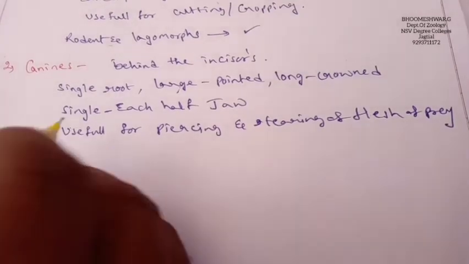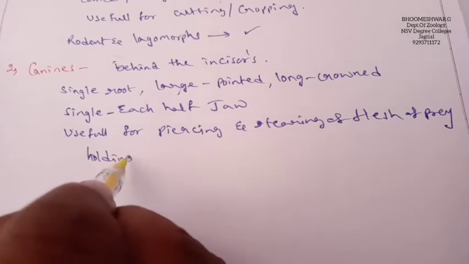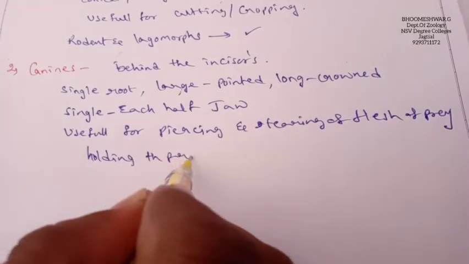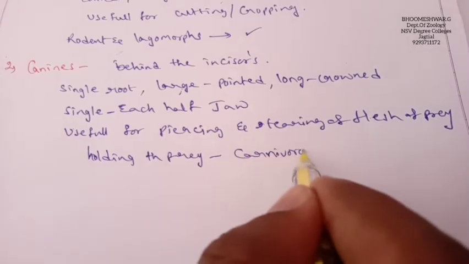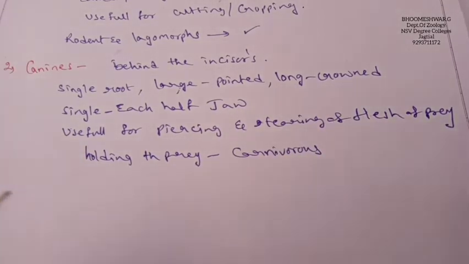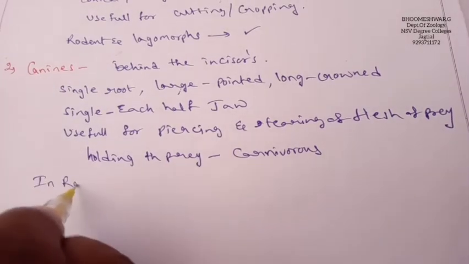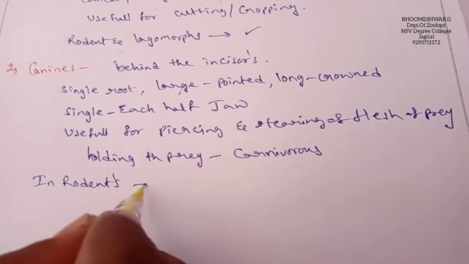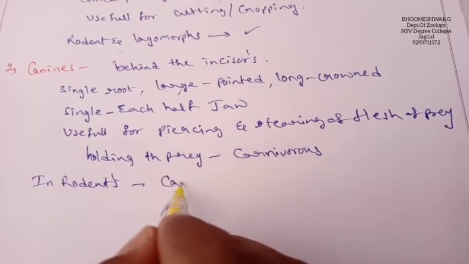Sometimes the canines are also used for holding the prey, which is well seen in various carnivorous mammals. In rodents, the canines are completely absent.